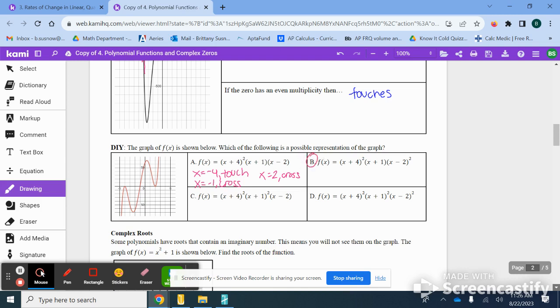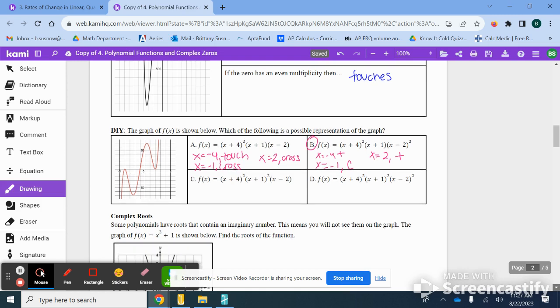So let's take a look. If we kept doing this list, x equals -4, it touches. I'll put a T for touch. X equals -1, exponent is 1, so it crosses. X equals 2, it touches. This is the exponent. So A tells me it just touches at -4, which it does in this graph. But if you take a look at 2, it also touches.